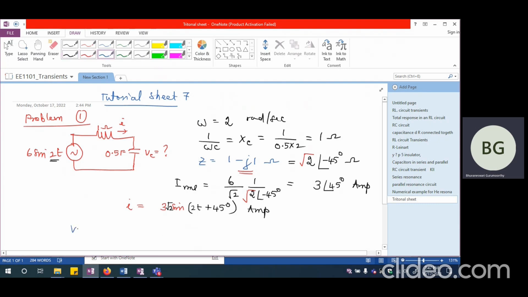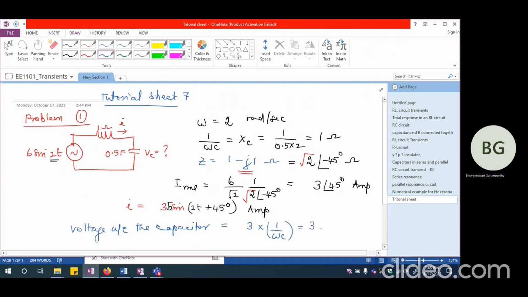So the voltage across the capacitor is going to be 3 multiplied by 1 by omega c, which is the magnitude. So that is going to be 3 multiplied by 1, so 3 volts. That is the RMS value of the voltage.